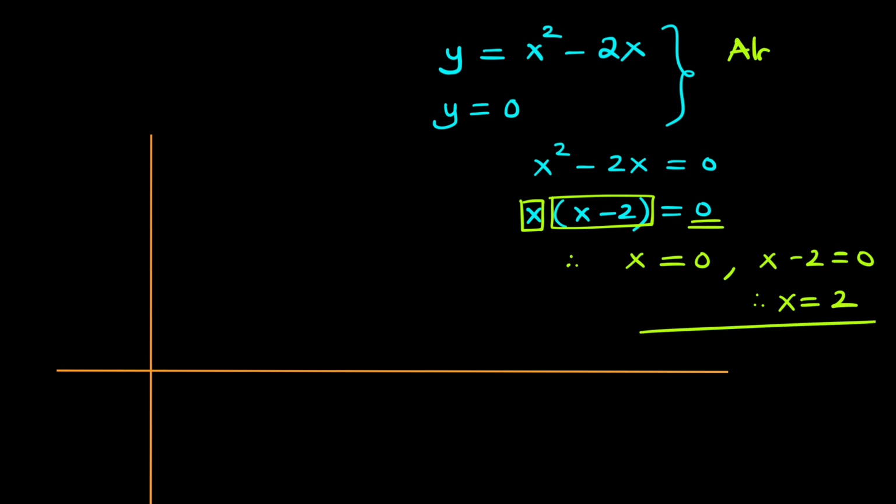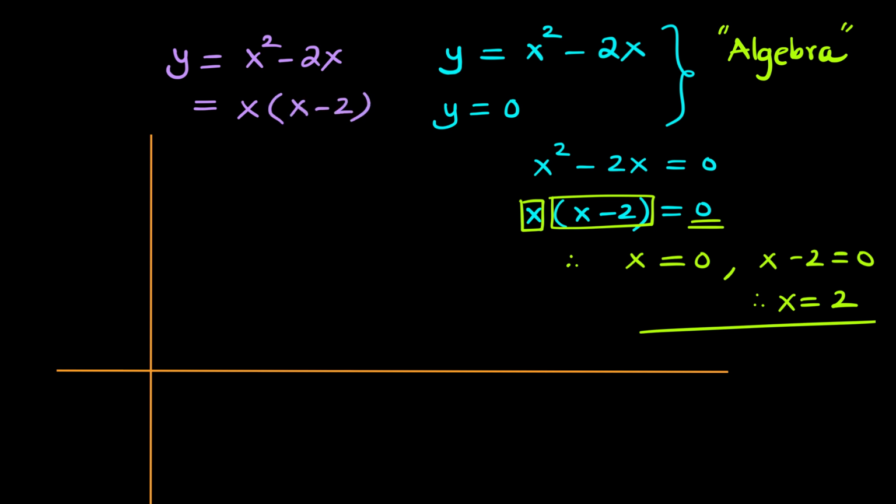Now this working is based on algebra and it was a simple working to do. What if I ask you to plot the graph y equals x squared minus 2x? We can apply the knowledge of quadratics. We can take x common out, giving x(x minus 2), and we know that this is the factorized form of the quadratic equation.